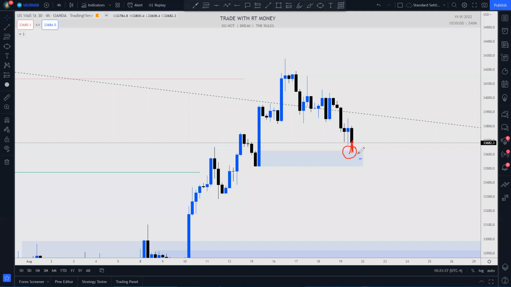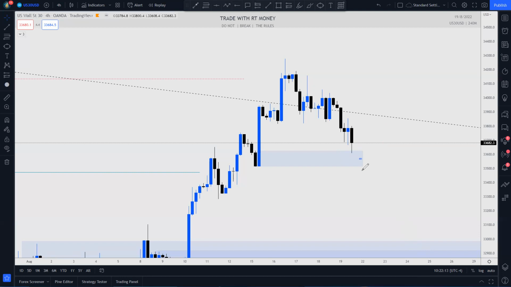So far, this is a pretty healthy reaction, but I'm looking at the 15-minute, and I need to see that break of structure. It should look like this: down, pull back, a lower low, a break above that pullback high. I need to see that and price return to the demand zone that is here. And we can assume that this downward momentum, that downtrend on the 15-minute, is over.